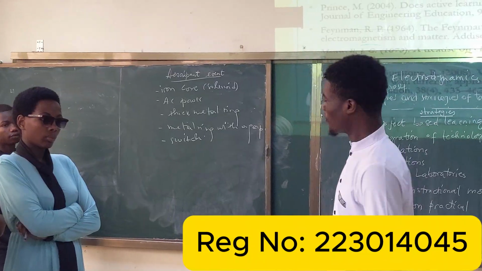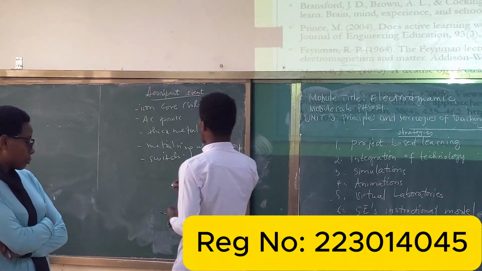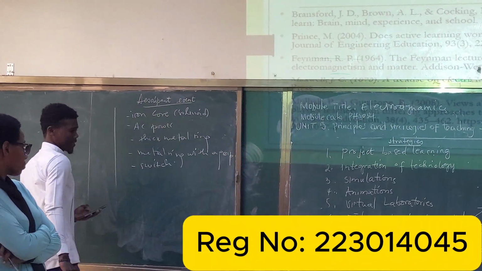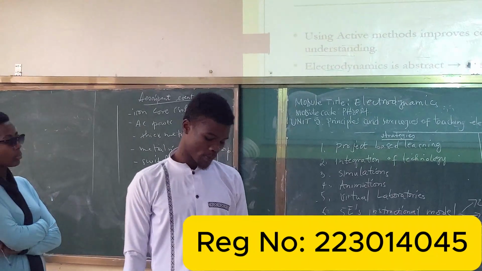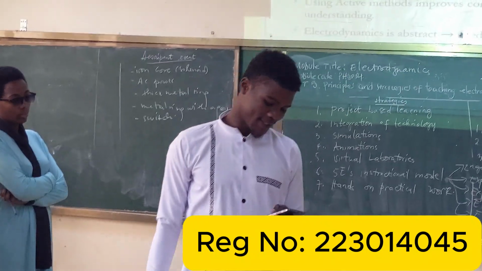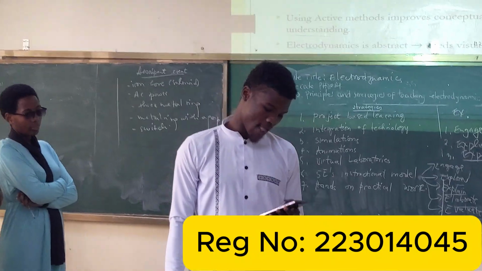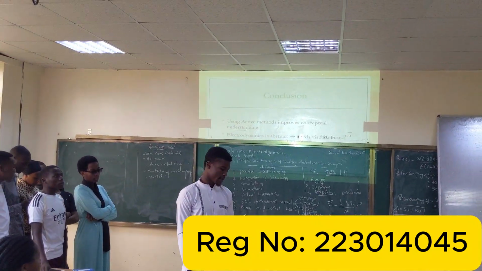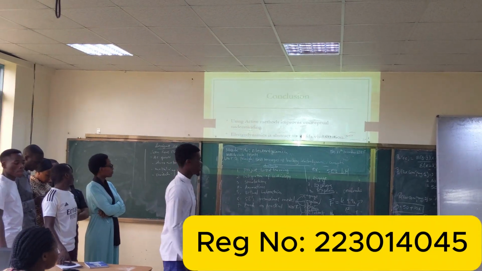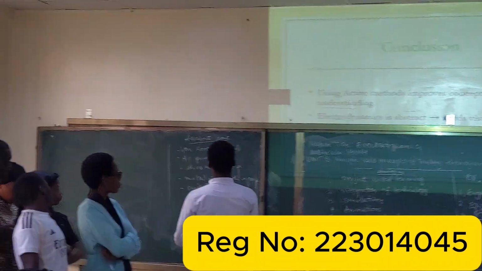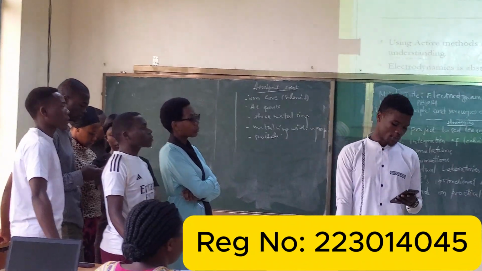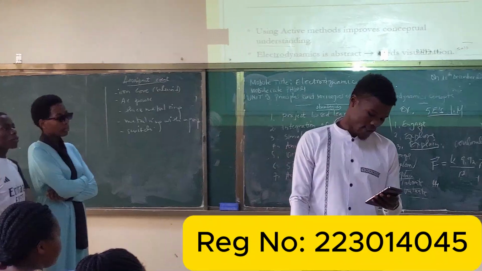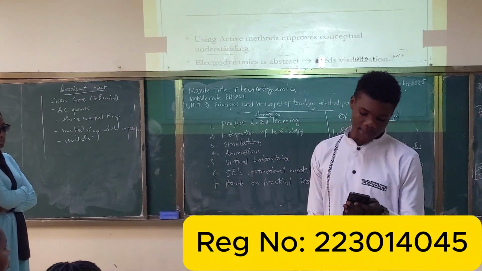So we have an example here of a discrepant event called a jumping ring discrete event. We have the materials used here. This man called Thomson takes a solenoid.